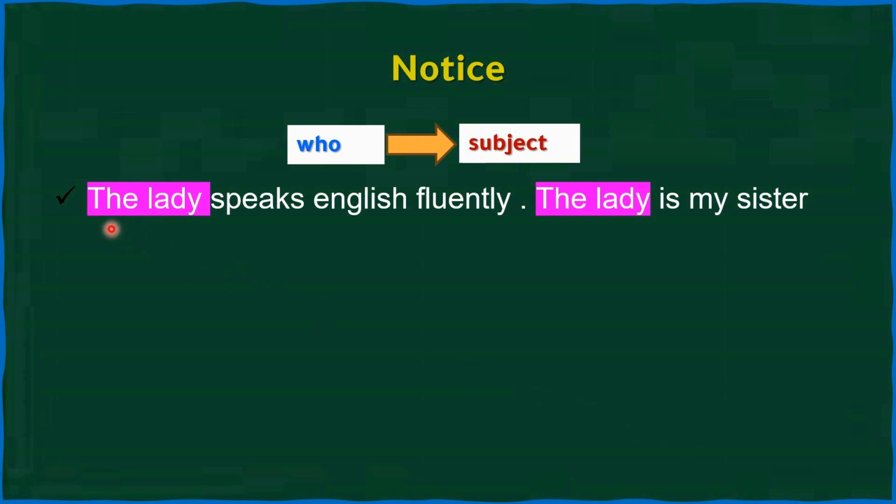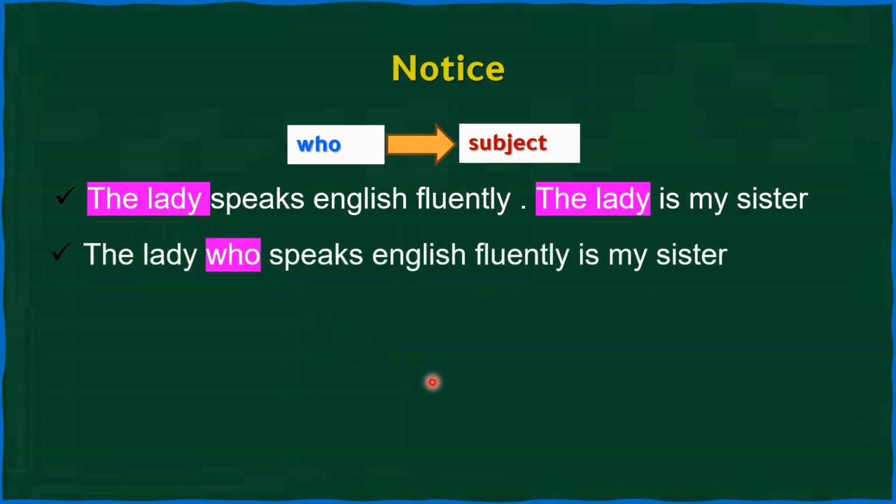The lady is the subject of the sentence, so we replace it by who and not which, because the lady refers to people. So the lady who speaks English fluently is my sister.